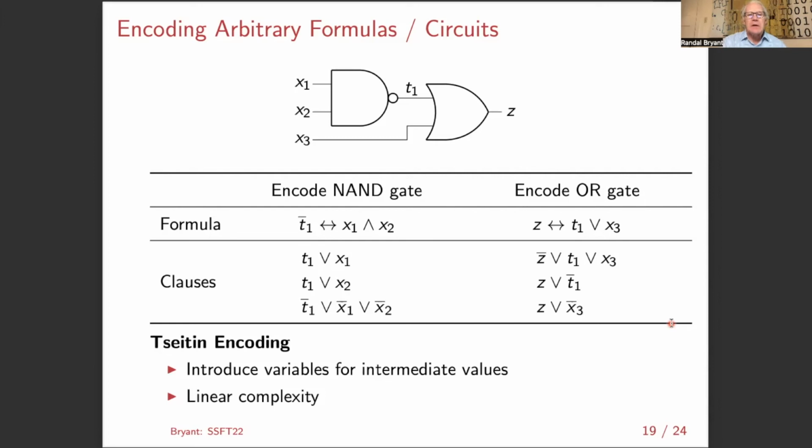And similarly, z if and only if t1 or x3. And each of those then turns into 3 clauses. And the combination of those two then is providing the overall constraint that z if and only if x1, x2, and x3. And you can see that I can do this for any formula and it will be of linear complexity. So this is a very widely used trick.